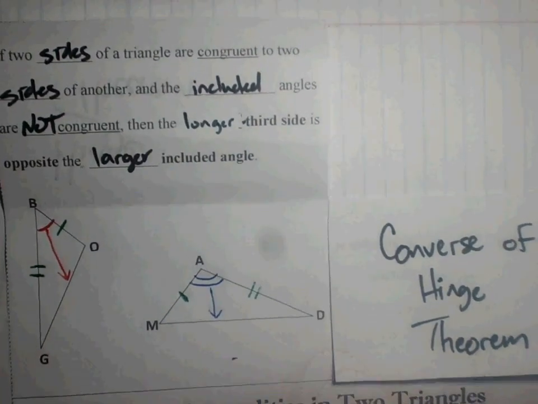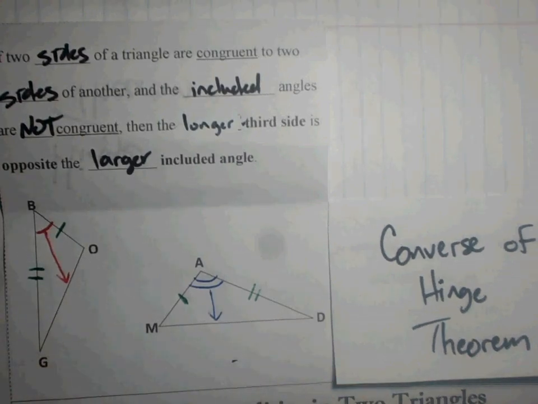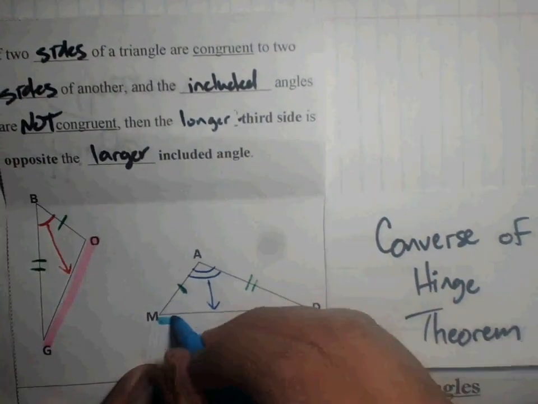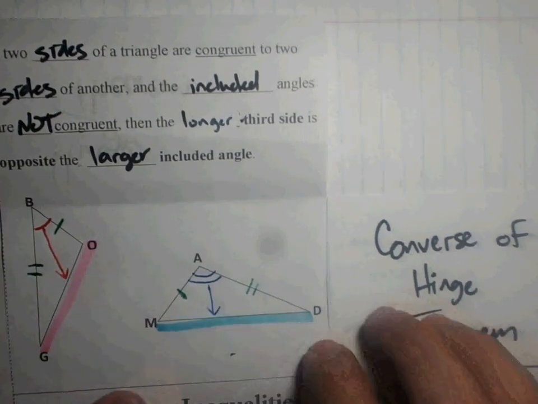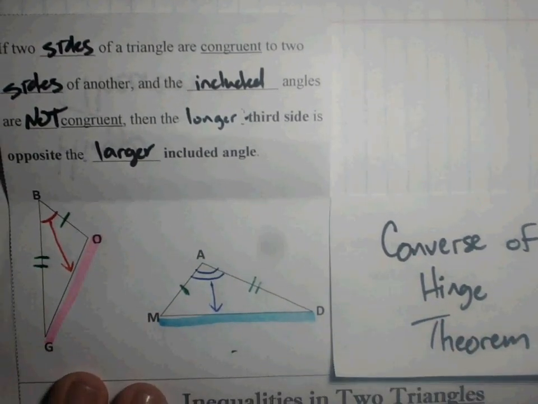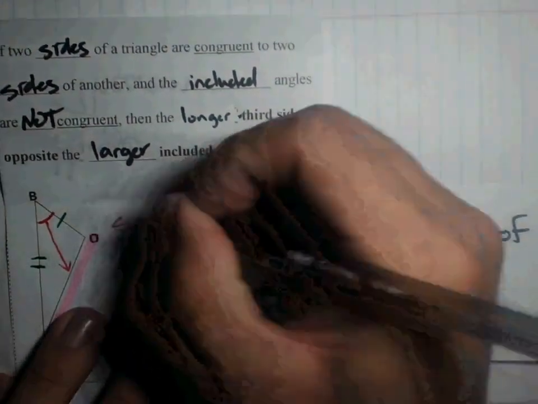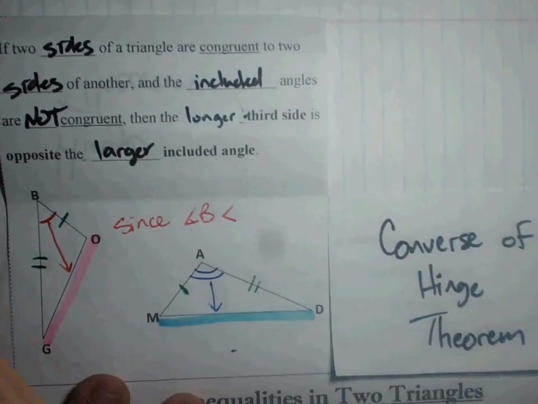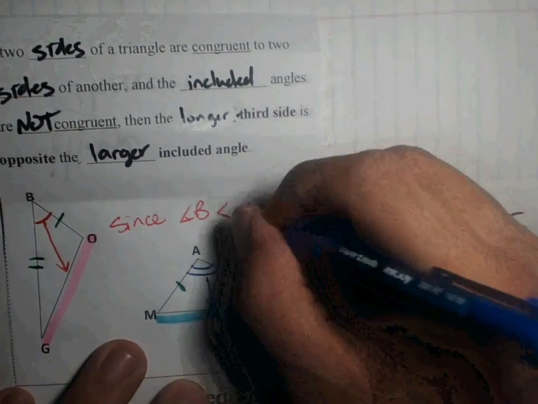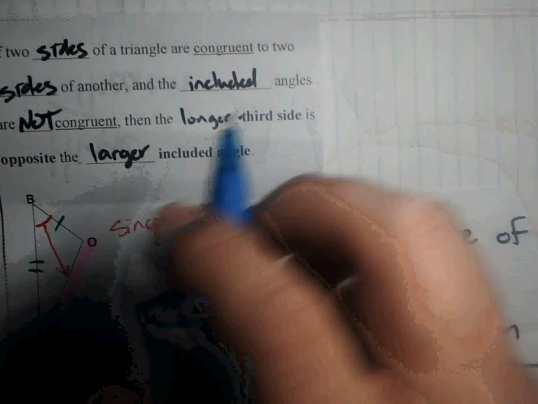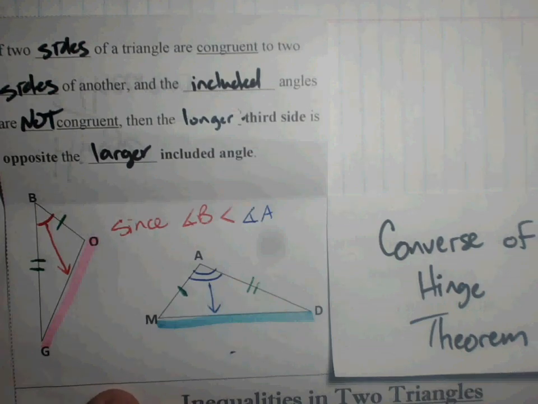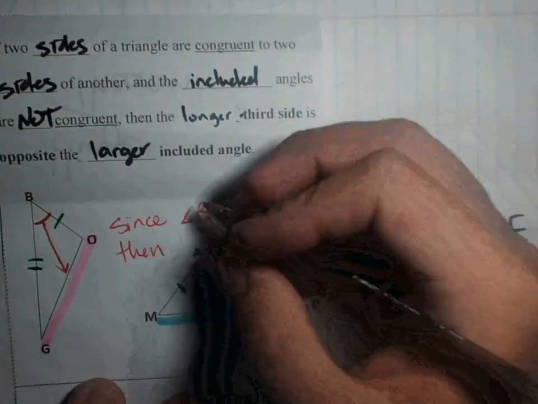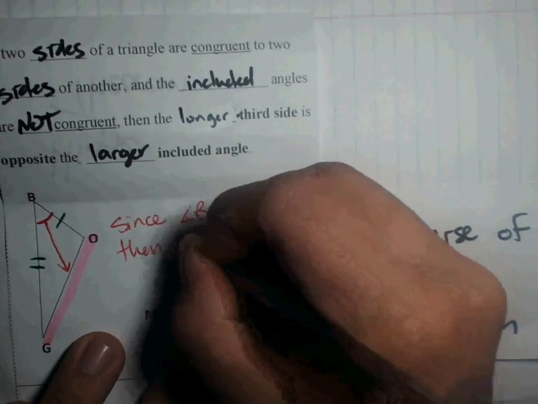So in this case we're looking at this side OG and side MD. They're not going to be the same. Since angle B is smaller than angle A, then OG is going to be less than, in this case, MD.